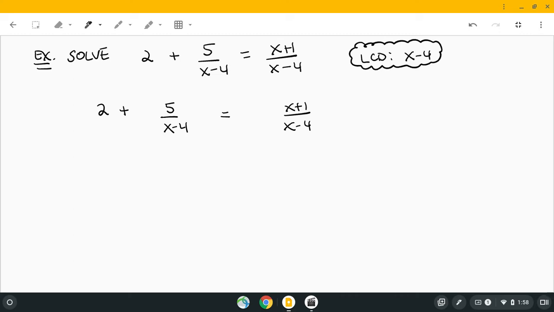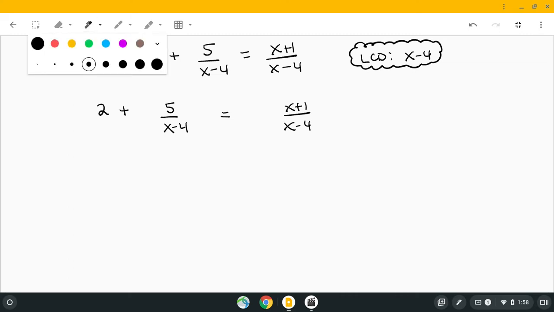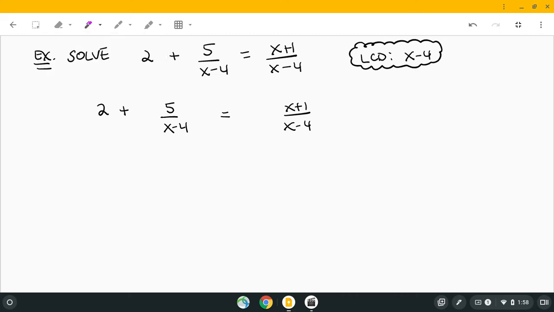If I multiply by x minus 4, the denominators will cancel. So I need to multiply everything by x minus 4. I have plenty of room on both sides. Over here, the x minus 4's cancel, and same thing here.